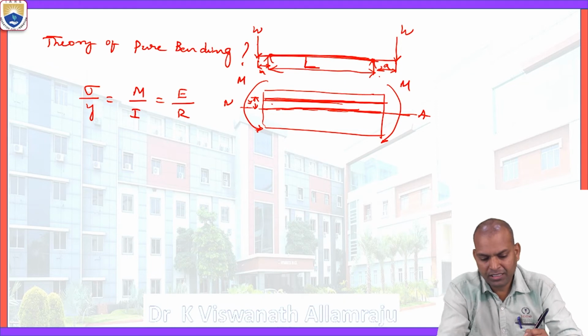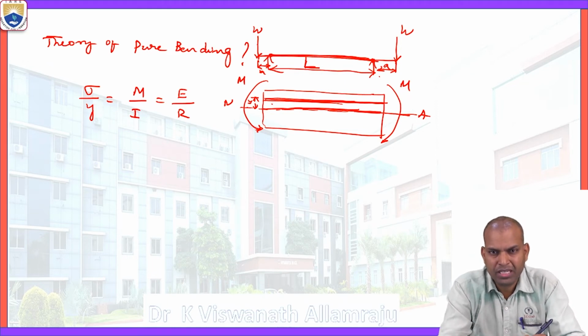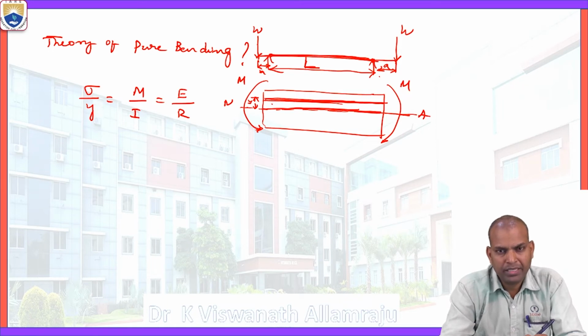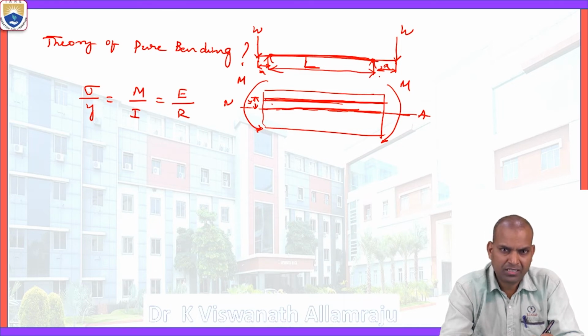Why do we consider this? We have to investigate the variation of bending stress over the cross section of a beam. Even when the load is applied over the beam, bending moment occurs, and shear force and buckling also take place.